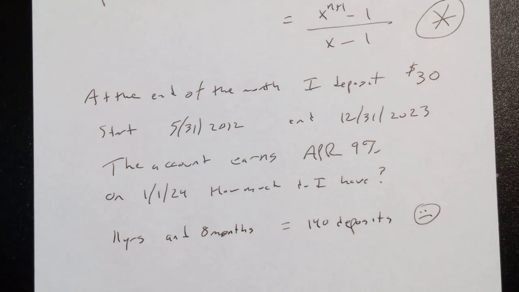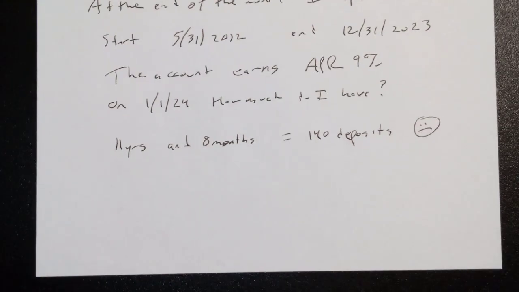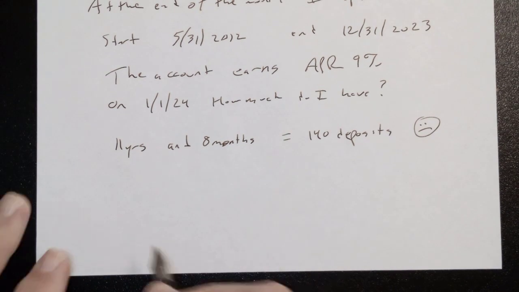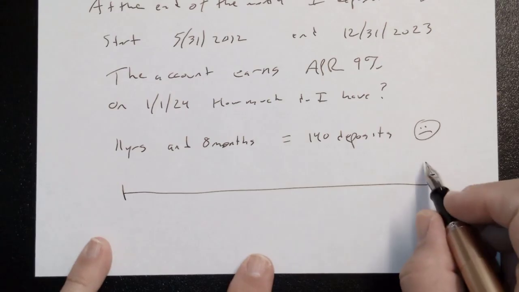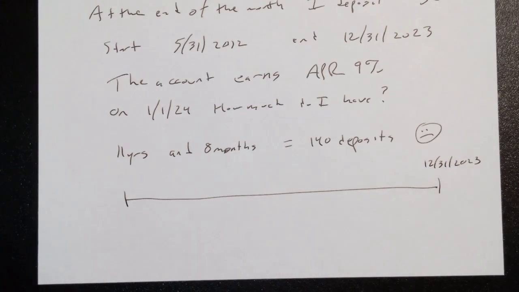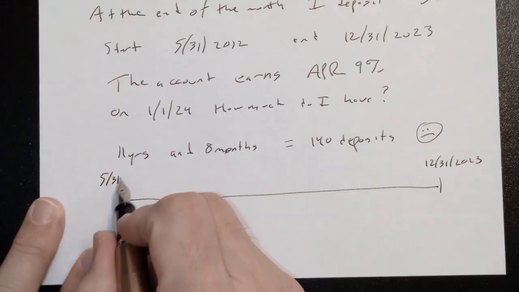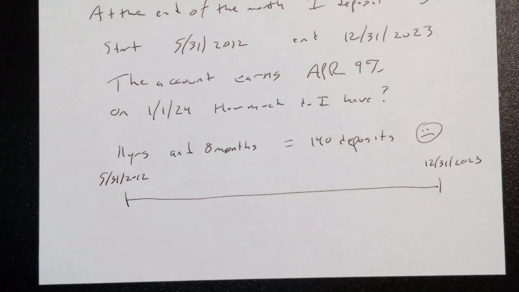But let me see if I can see a pattern in how much money each deposit generates. Remember, I have my timeline idea. Here's December 31st, 2023. Here's May 31st, 2012. But I get paid and I put the money in the bank on the last day.